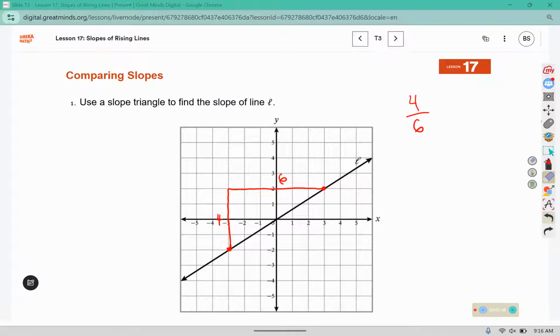So the change in the y direction divided by the change in the x direction. Just like in our warm-up, we can reduce this fraction. 2 goes into both 4 and 6, so 2 times 2 and 2 times 3, meaning the slope of this line is 2/3.